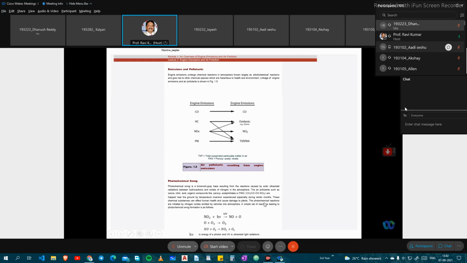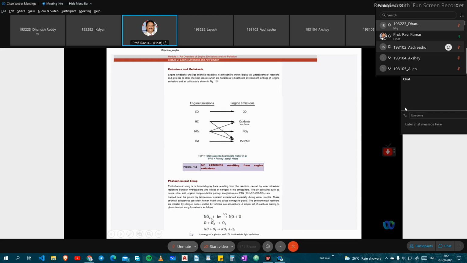The photochemical reactions are initiated by nitrogen oxides emitted by vehicles into the atmosphere. A simple set of reactions that leads to photochemical smog formation is as follows.